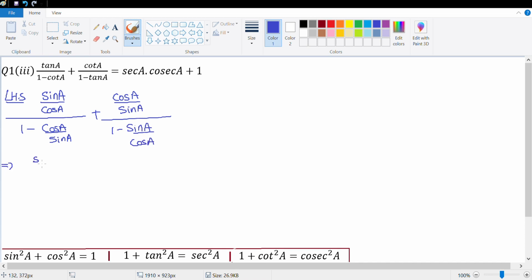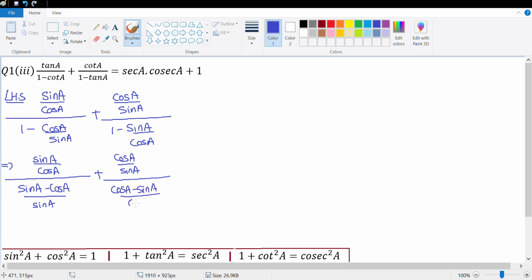So this becomes sine A upon cos A, everything divided by sine A minus cos A upon sine A, plus cos A upon sine A, everything divided by, take LCM and subtract, this will become cos A minus sine A upon cos A.